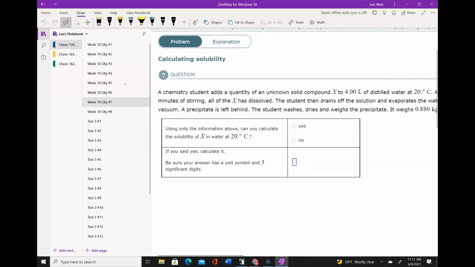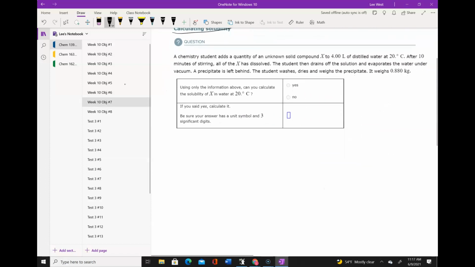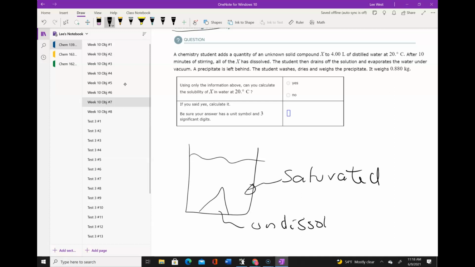All right, now we're going to look at calculating solubility. Now, to calculate solubility is an interesting kind of idea. So here's a big pile of solute, and then we add solvent to it. And what we know is that a solution will be saturated if, when it is in contact with undissolved solute, none of the solute dissolves, right?